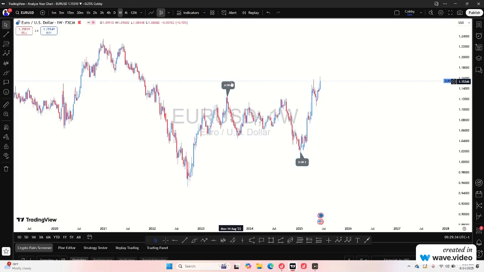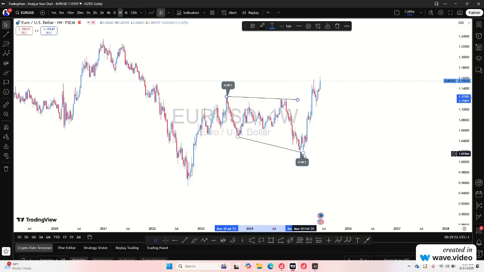So the A or B, which is our corrective structure, we can draw this whole point. So this wave is going to be a corrective structure, A, B, and C, to end the B structure or the two.